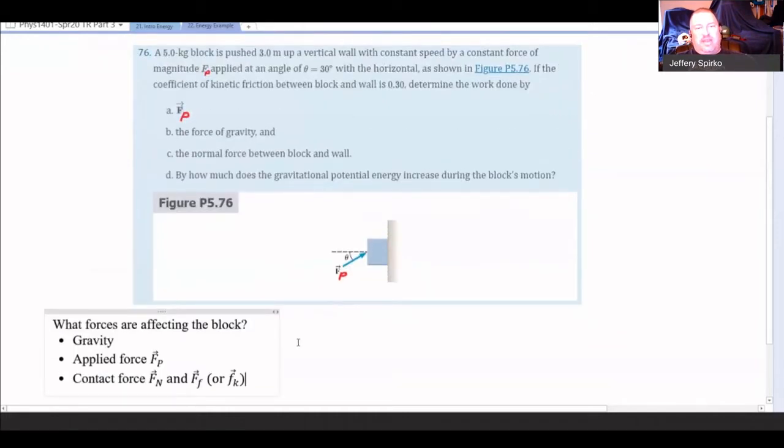So then the next thing we want to do is think about the directions of all these forces. So we need a free body diagram.